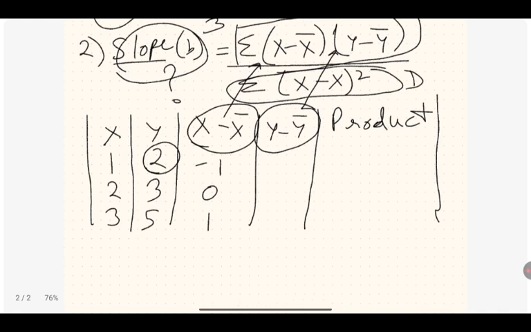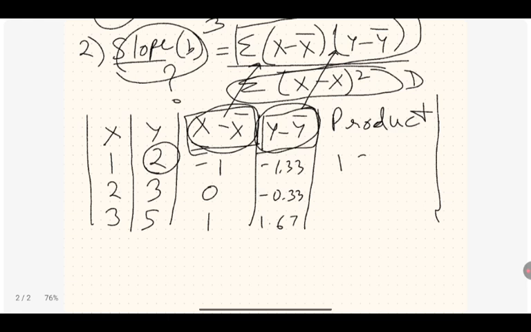So we get the value minus 1.33, minus 0.33, 1.67, right?